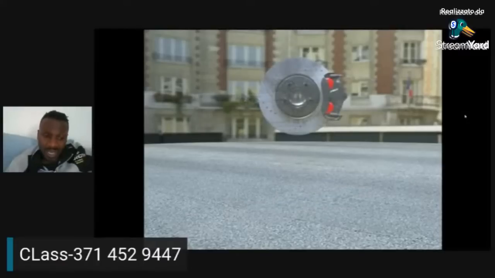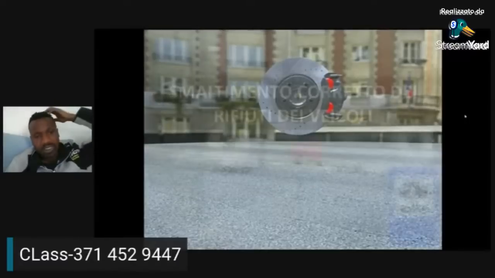The brake disc and the brake pad must be changed to avoid noises if they are rusted. If they are what? Rusted. These are very, very important things to know and also to practice on the road.